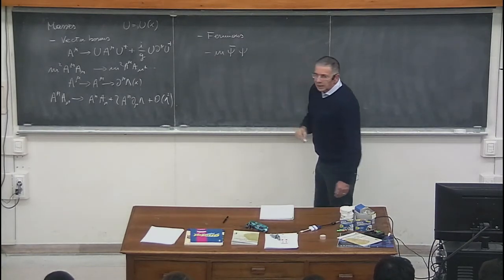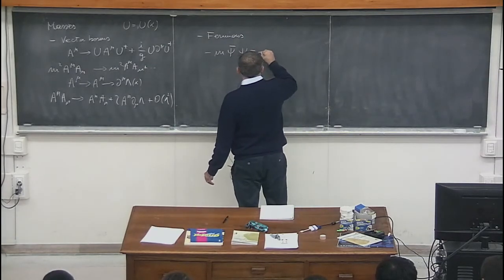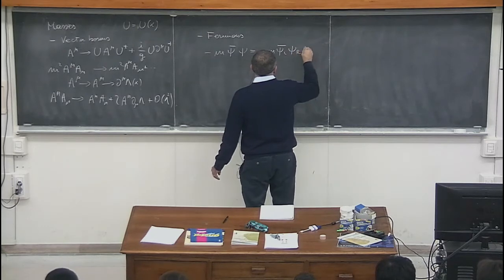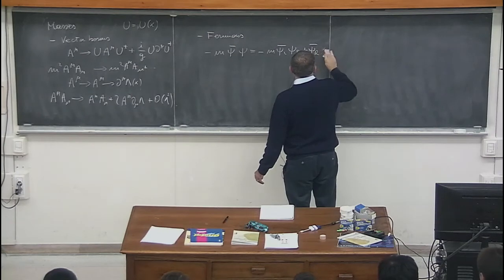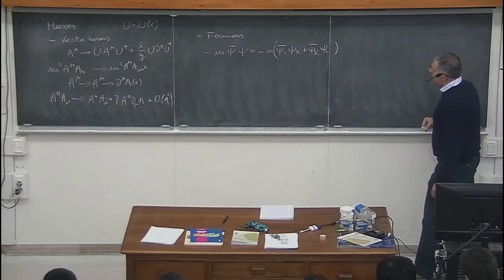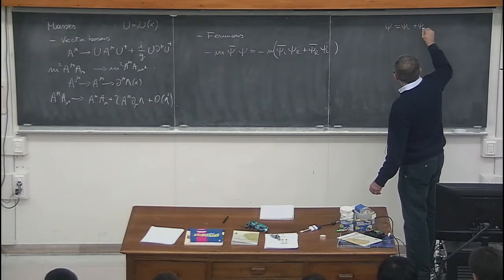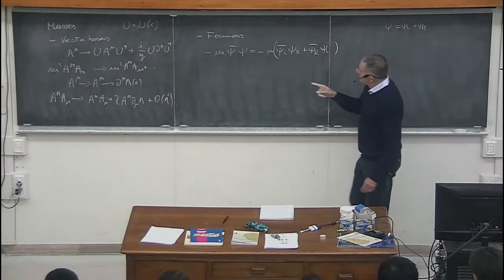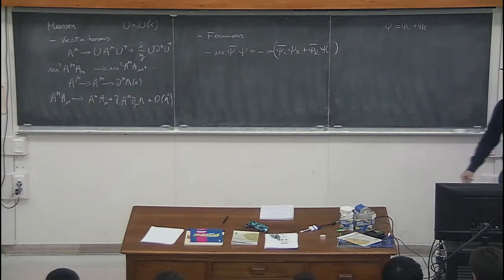Dirac mass term is like this for a given fermion psi, which can be written like minus m times this combination. If you decompose psi into the sum psi left plus psi right, then you easily discover that the diagonal terms are 0 because of properties of gamma 5.